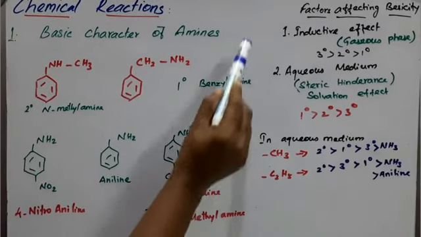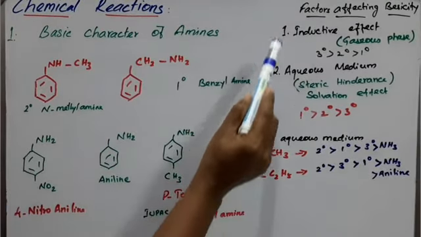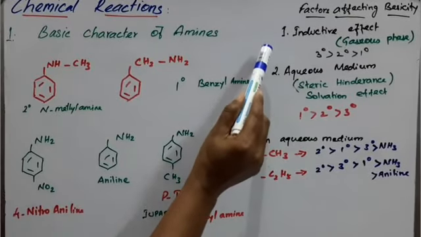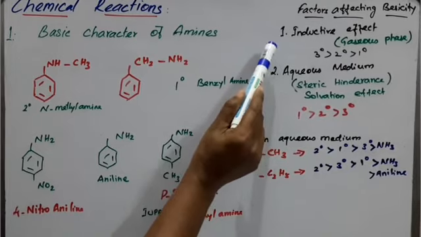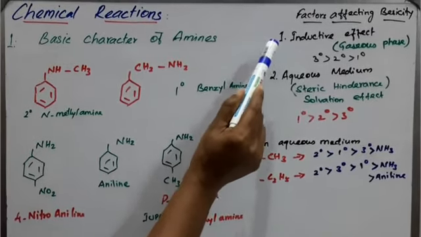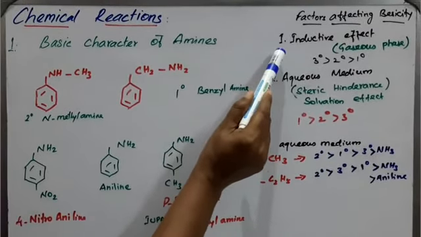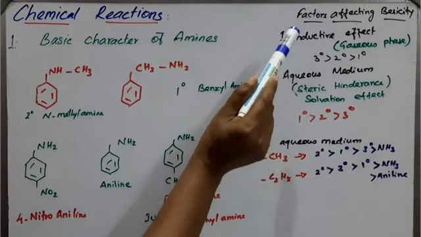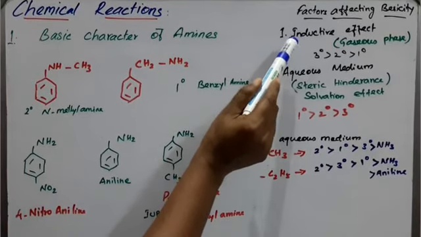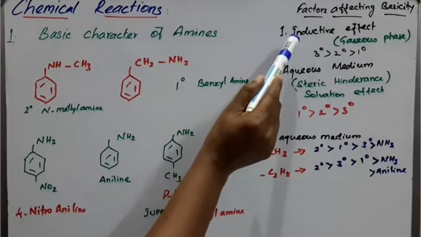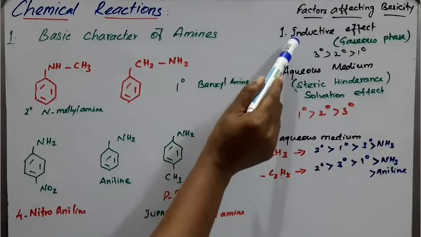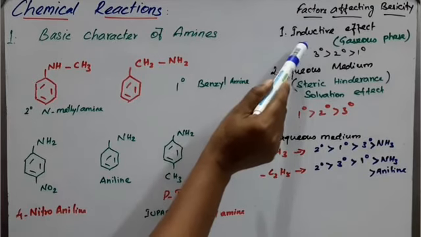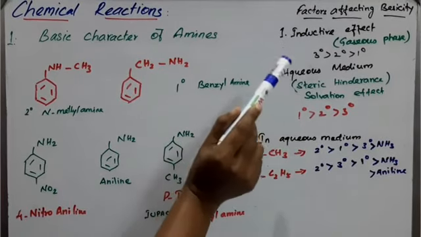Okay, so the overall concept is, what are the factors affecting basicity for amines? Inductive effect, which means the electron donor group increases the electron density on nitrogen, leading to more availability of donor electrons, so the base character also increases.